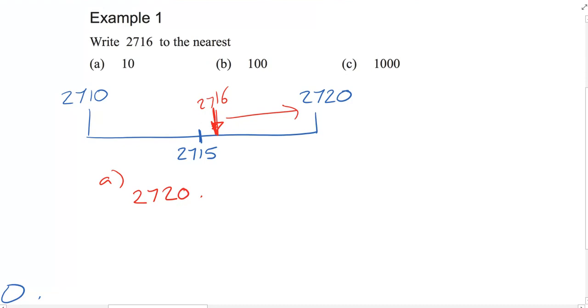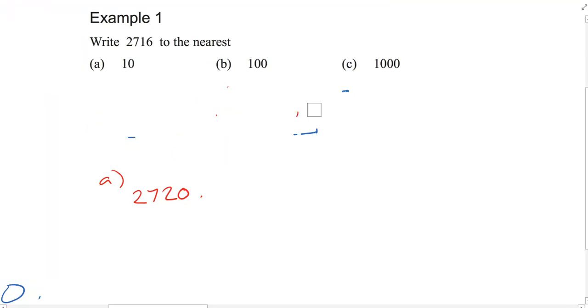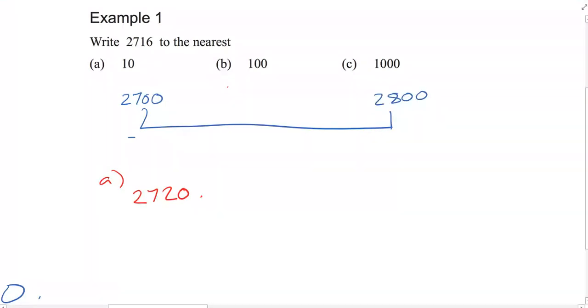Okay, now let's try this again, but this time exactly the same question, but we're going to round to the nearest 100. So that means that when we draw our number line, we're thinking about values in the hundreds. So 2716 is going to be between 2700 and 2800. These are the two values that are to a nearest 100.